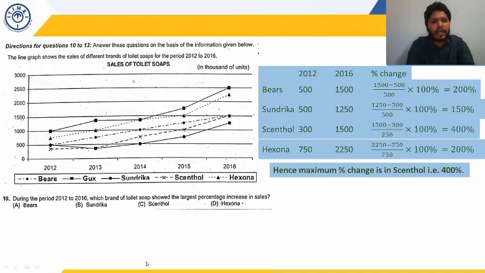So let's check it for Hexona also. The sales of Hexona in 2012 is between 500 and 1000. Let's take it 750, and it increased from 750 to 2250. So 750 to 2250 is going to be the change of how much? It is going to be the change of 1500, and 1500 is double of 750.